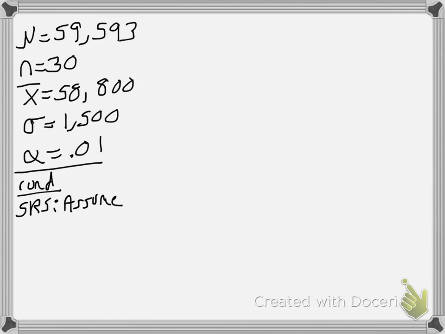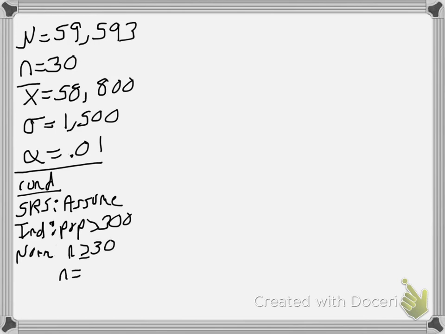Independence: is our population greater than 300 similar employees that aren't federal government employees? I would say so. And of course we have normality: is n greater than or equal to 30? So n is actually equal to 30, so we're good. Our conditions are good.